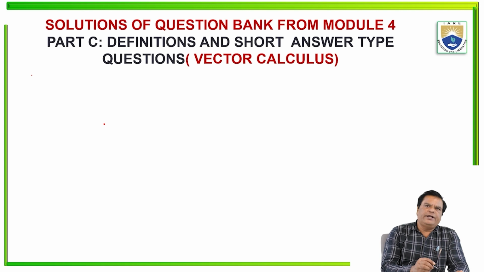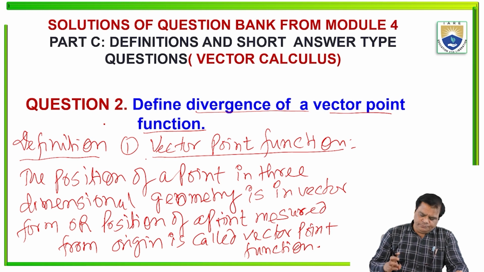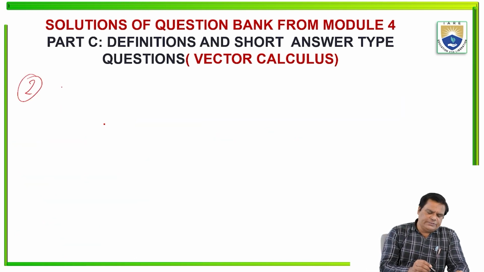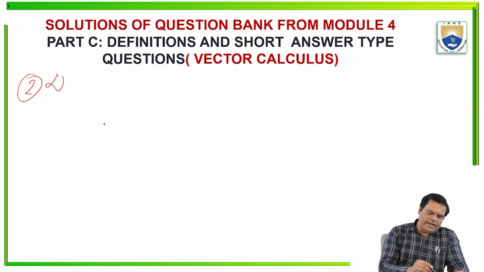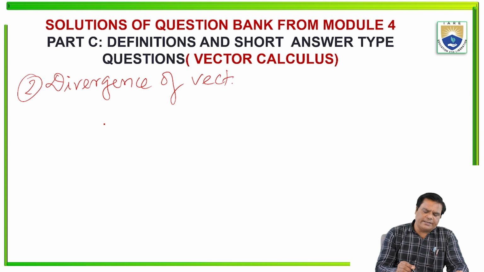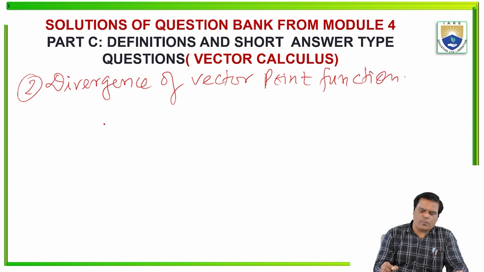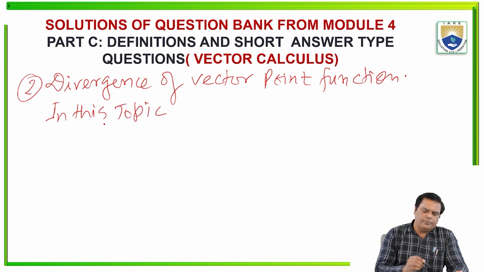So this is point 1. Now the second point, divergence of a vector point function. Number one, del is present.